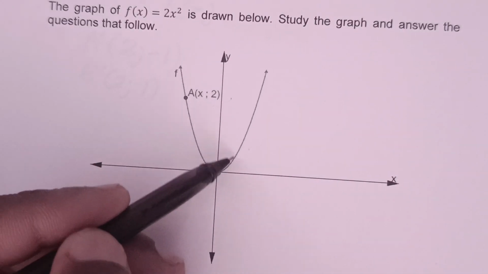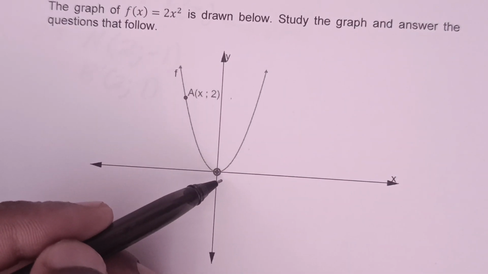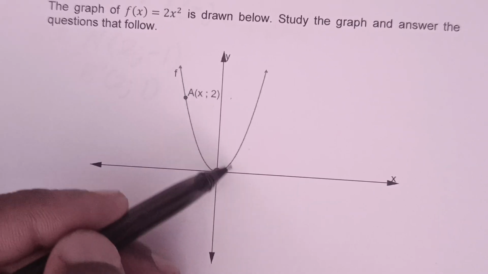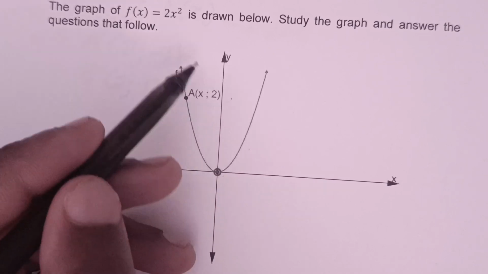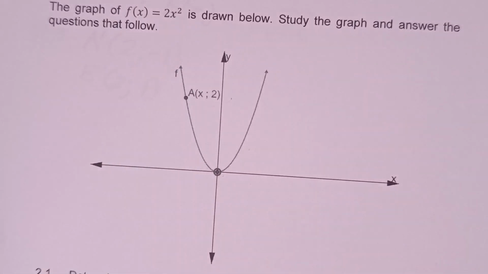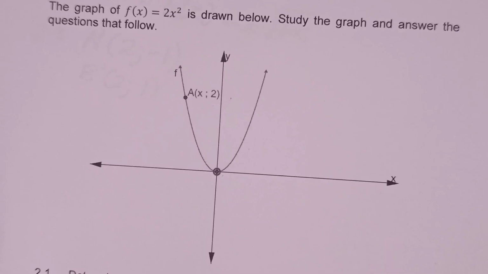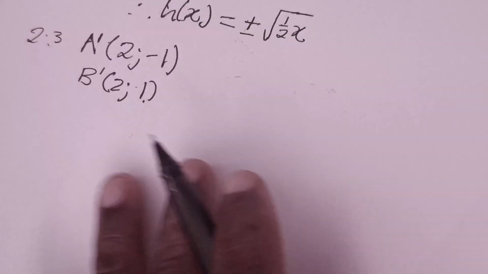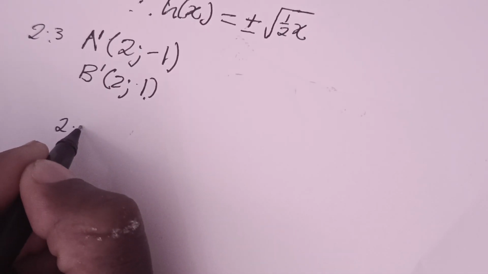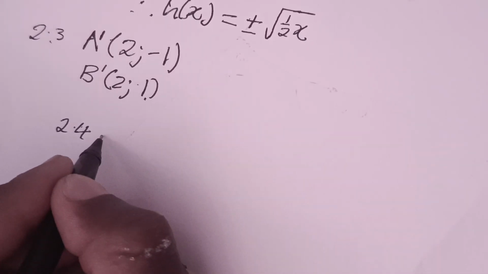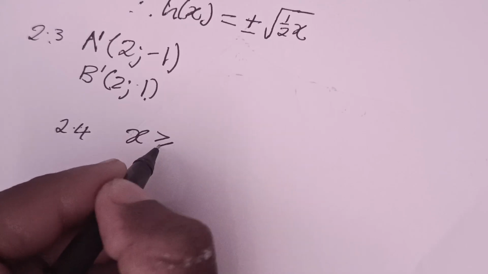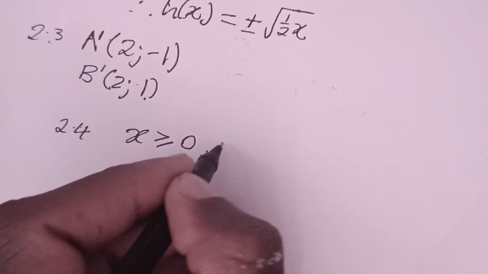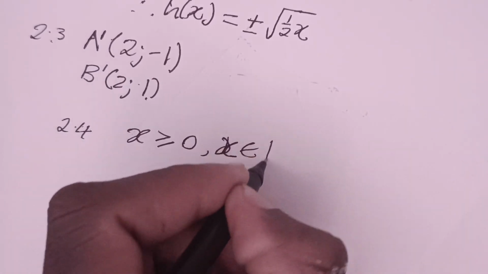So the range of this function, remember it started at y greater or equal to 0. So y existed everywhere from 0 up to infinity. It means the domain of the inverse must therefore be x exists from 0 up to infinity, where x, of course, is a real number.